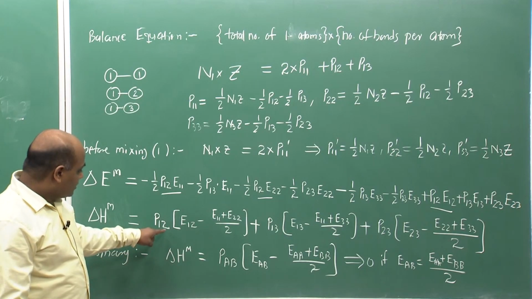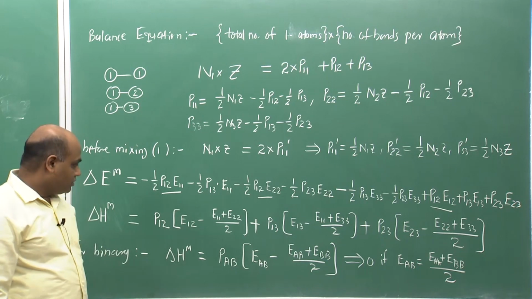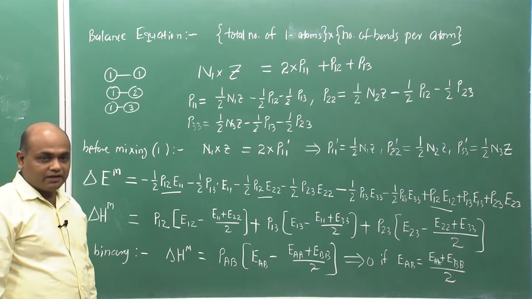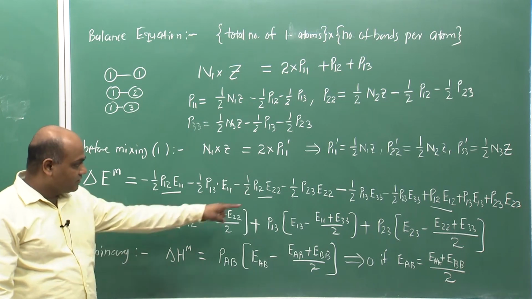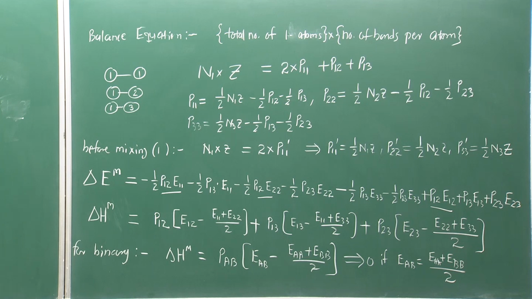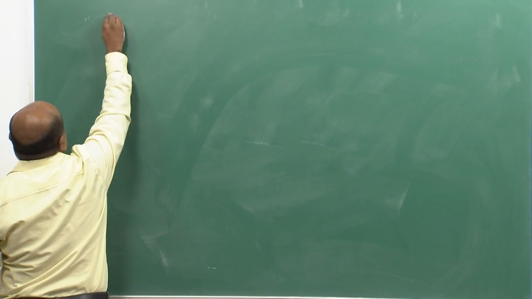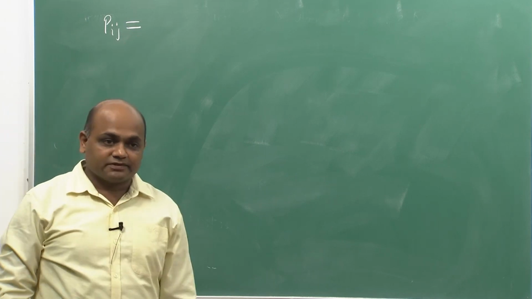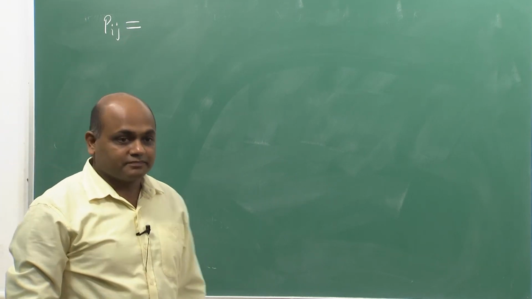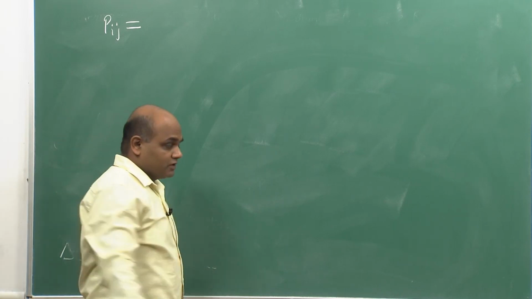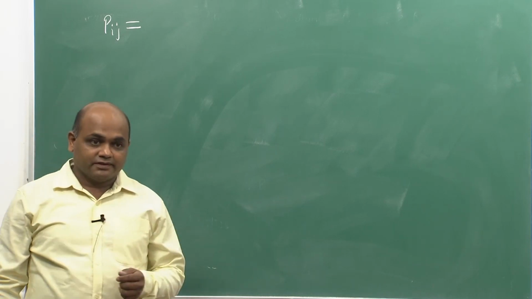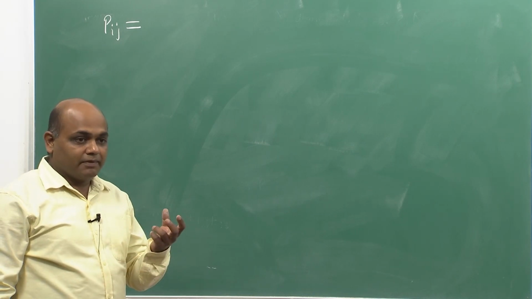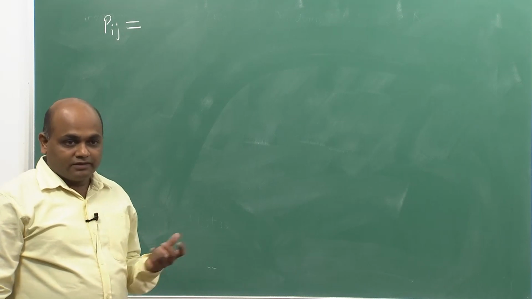Okay. So, now to look into this further, we need to evaluate Pij's, where I and J are different types of atoms. So, P12, P13, P23 for ternary. So, how do we evaluate Pij? Number of Ij pairs. If we know the total number of pairs and multiply it by the probability that a particular pair is an Ij pair, we will get Pij.